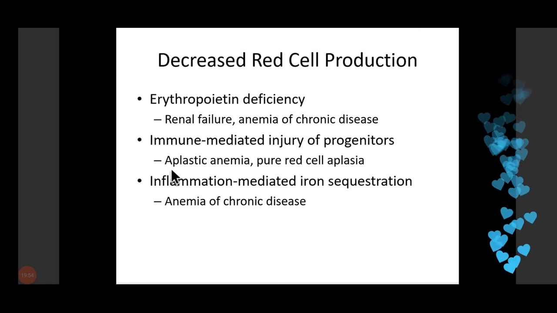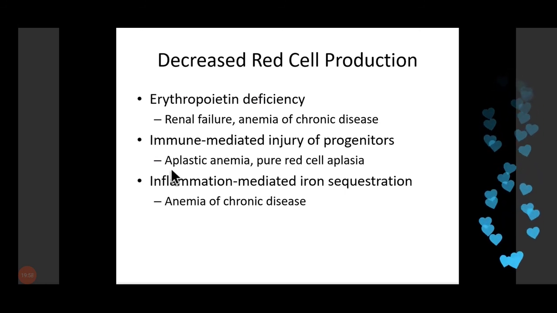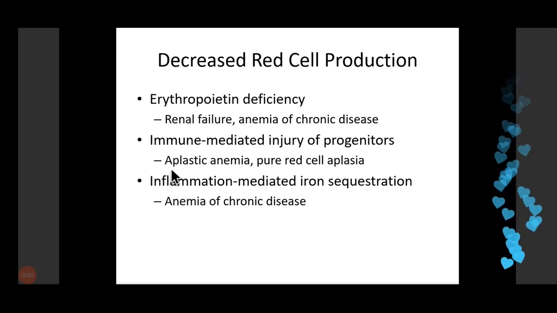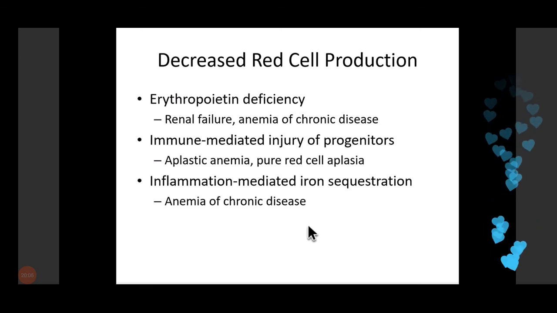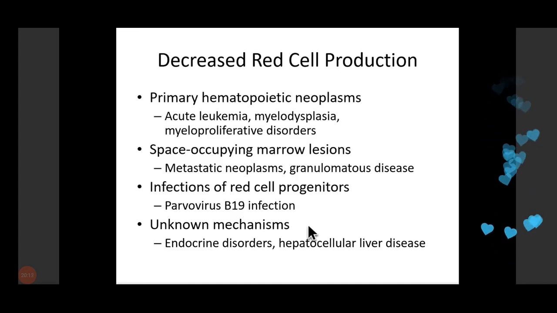So renal failure, or anemia of chronic disease, could be because of erythropoietin deficiency, immune-mediated injury of the progenitor cells, or inflammation mediated, especially interleukin 6 mediated, which is seen in anemia of chronic disease. Decreased red cell production can also be because of some acute leukemias, some proliferative disorders, or some space occupying lesion in the marrow which is hampering the erythropoiesis.